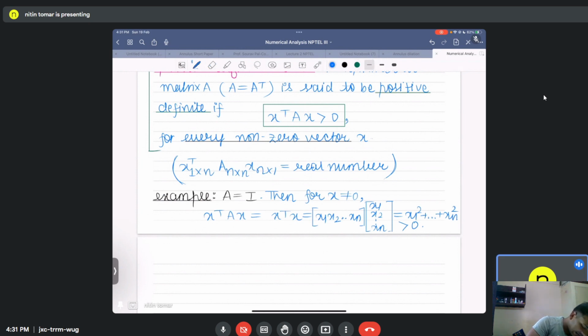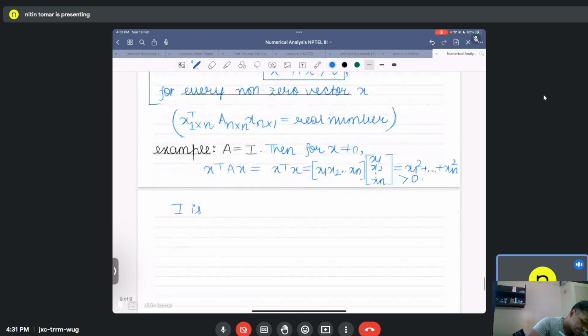So can I say the identity matrix is a positive definite matrix? Yes, I is a positive definite matrix. Now, let me give you one more example which is not identity.